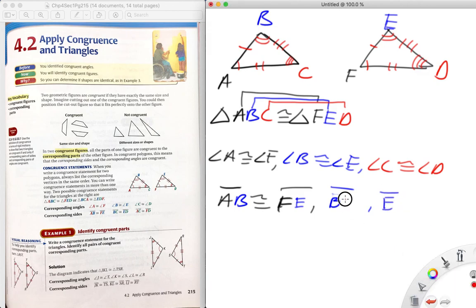Side BC is congruent to side ED, and side AC is congruent to side FD. Those are the corresponding sides, and those are the corresponding angles of this triangle. If all corresponding sides and all corresponding angles are congruent, then I can say that those triangles are congruent.